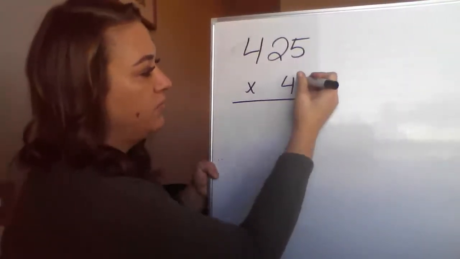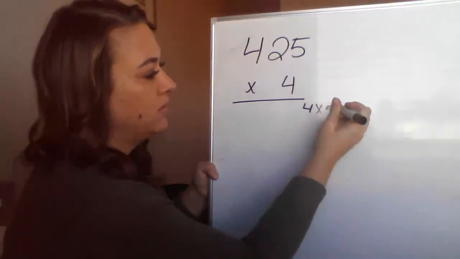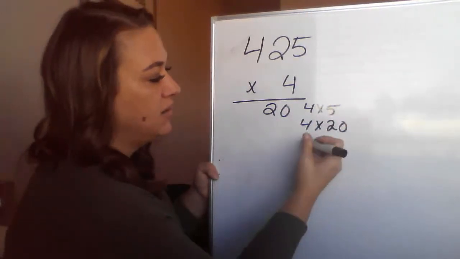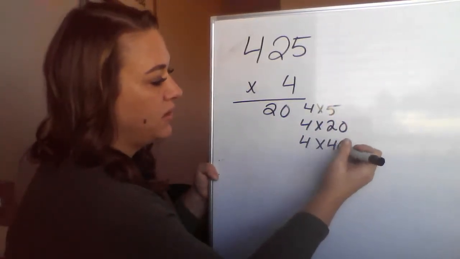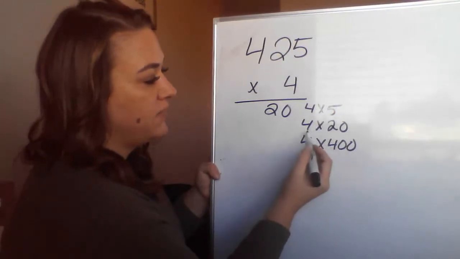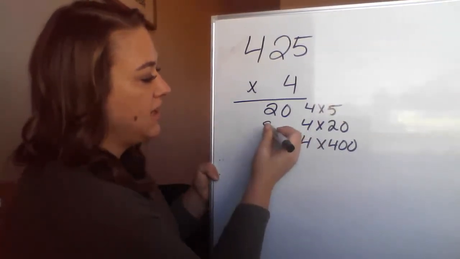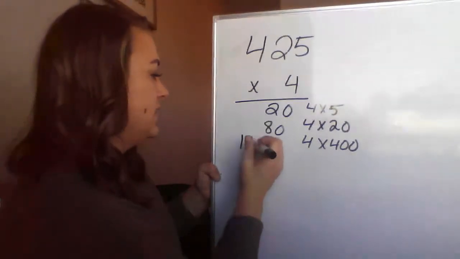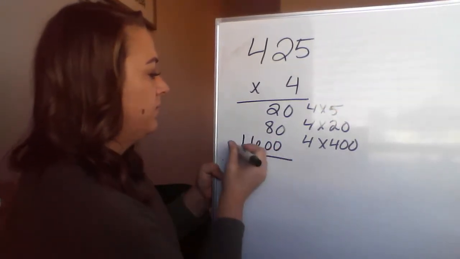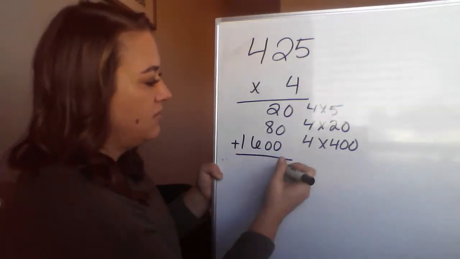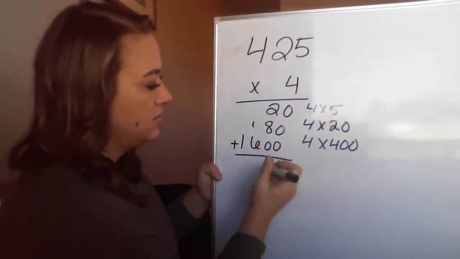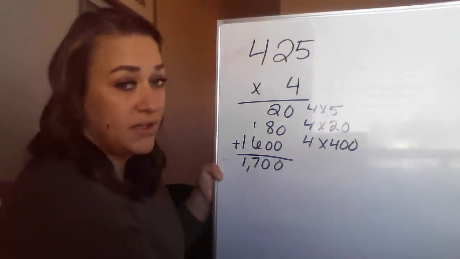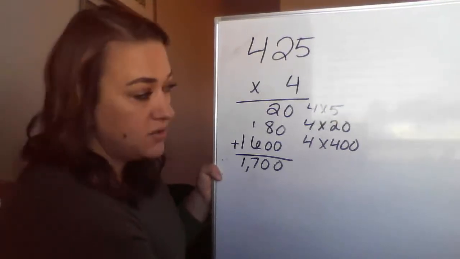So 4 times 5 gives me 20. 4 times 20, 4 times 400. 4 times 2 is 8, so that's going to be 80. 4 times 4 is 16, that's going to give us 1600. Add that together, 8, 9, 10, 7, and 1. So our final product is 1,700.